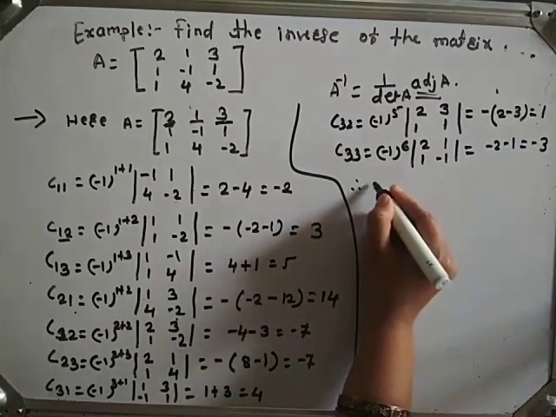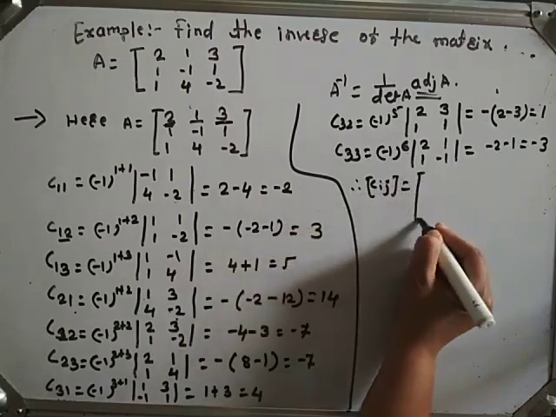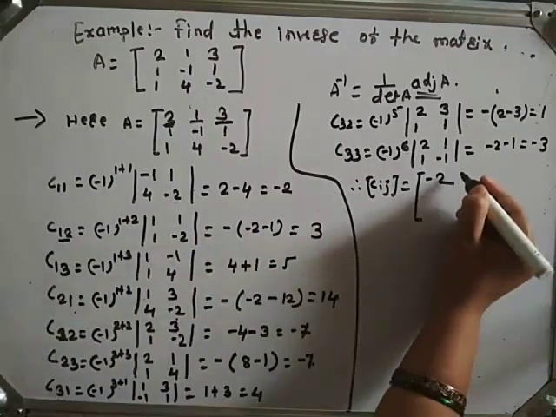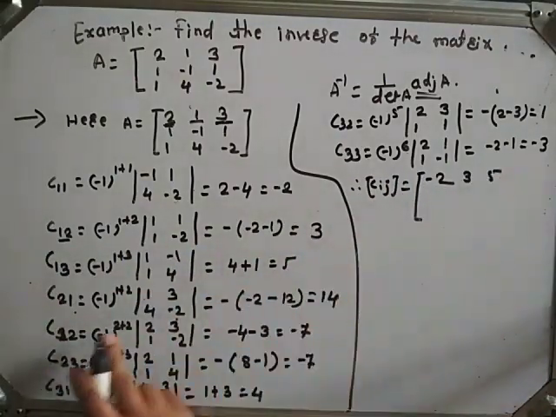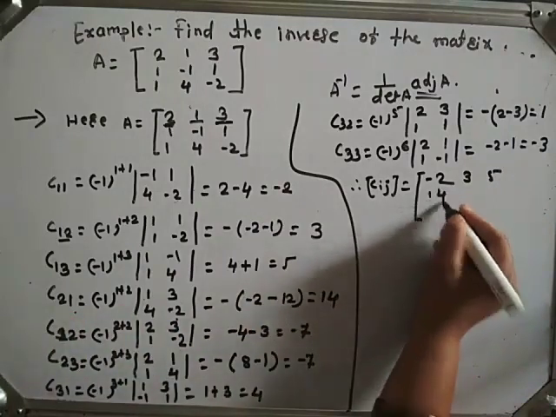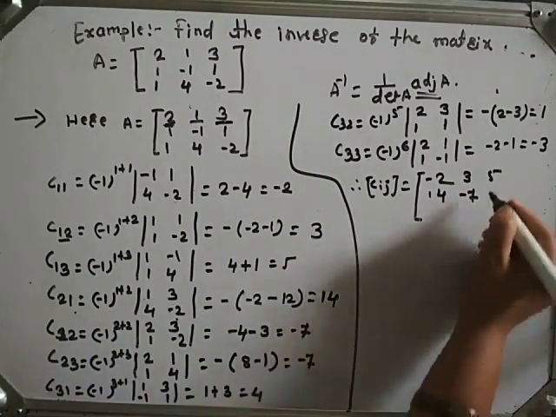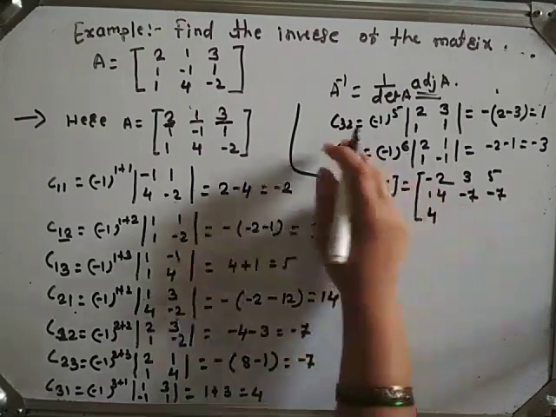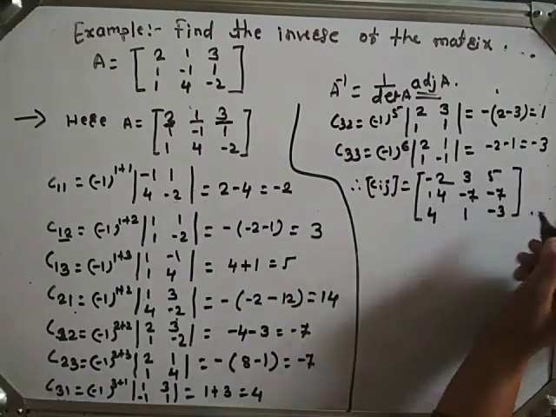Therefore Cij matrix is equals to, okay, C11 is minus 2, C12 is 3, C13 is 5, C21 is 14, C22 is minus 7, C23 is minus 7, C31 is 4, C32 is 1, C33 is minus 3, okay.